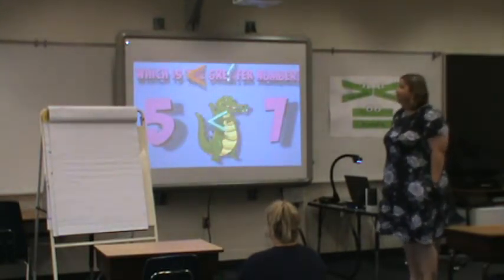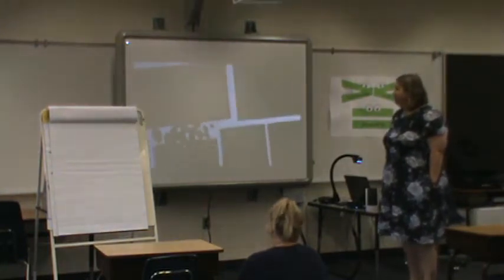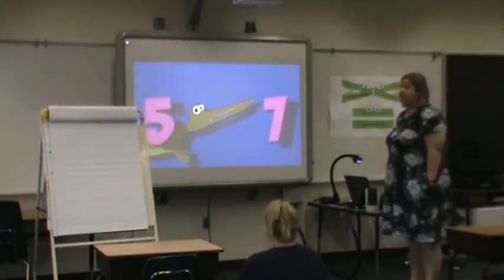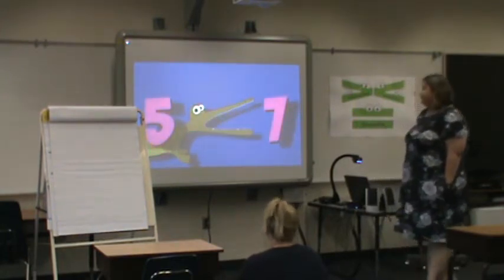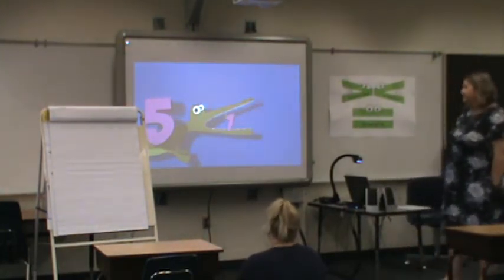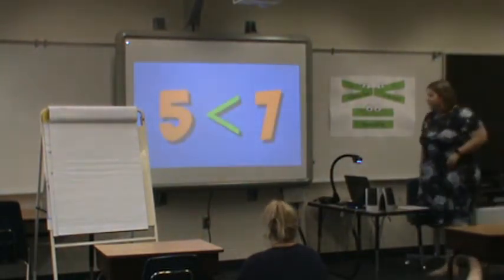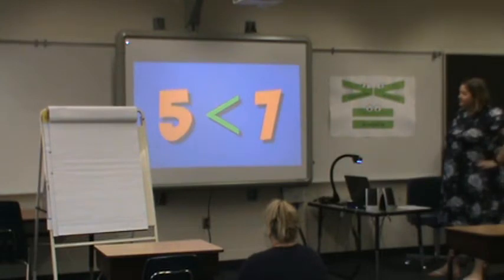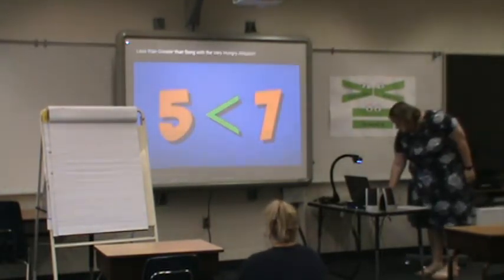Yummy, yummy, yum, eating numbers is so fun. I'll open my mouth for the greatest number. Now he's gonna eat the 7, yum yum, because it's greater than 5. He's gonna open his mouth for the 7, he always eats the greater number. When you use a less than, greater than sign to compare numbers, the open or wider side is facing the greater number.